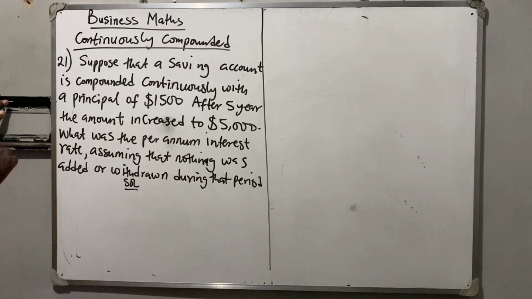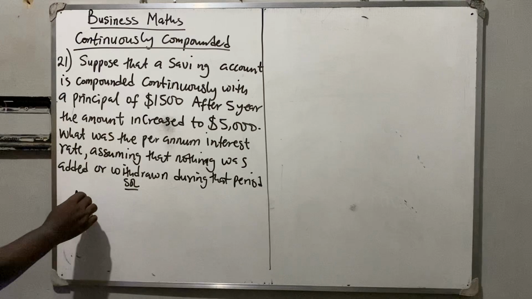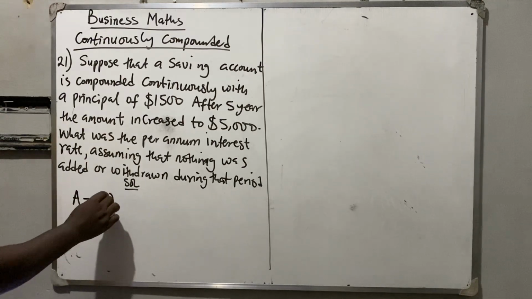Then, what was the per annum interest rate, assuming that nothing was added or withdrawn during that period. Now there's a formula to calculate the amount of a continuously compounded interest. The formula is that amount is equal to P exponential RT.